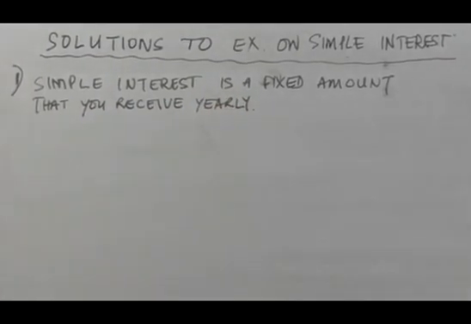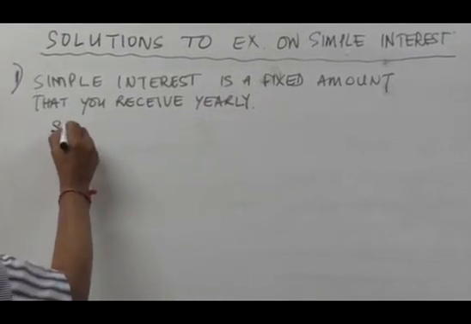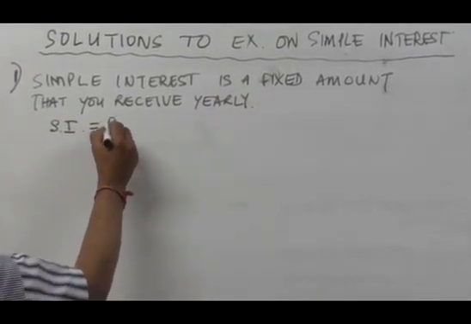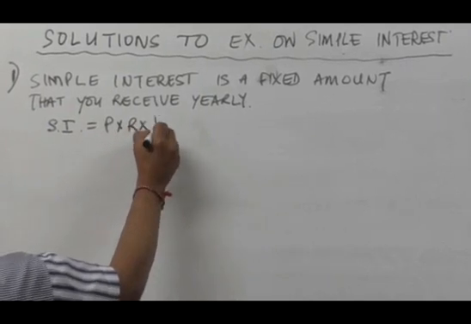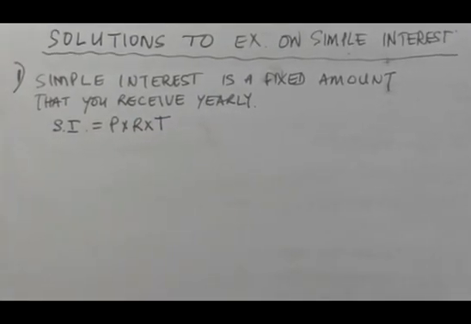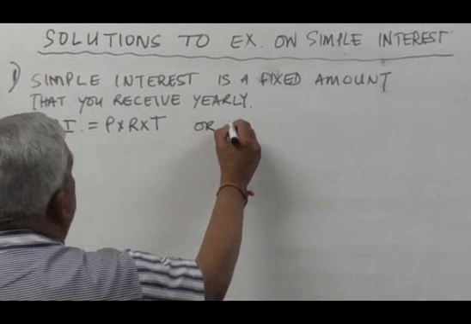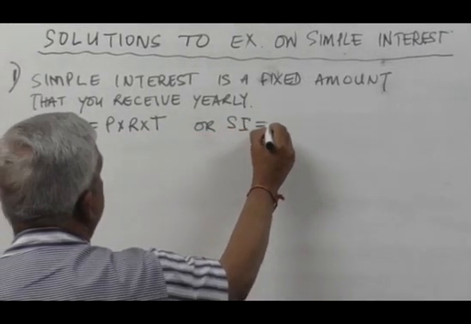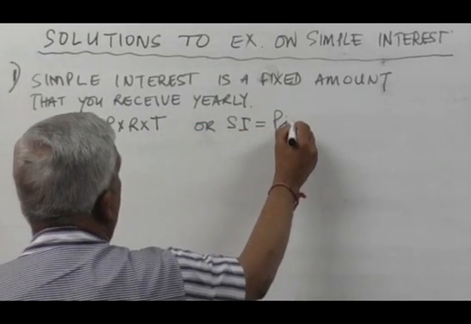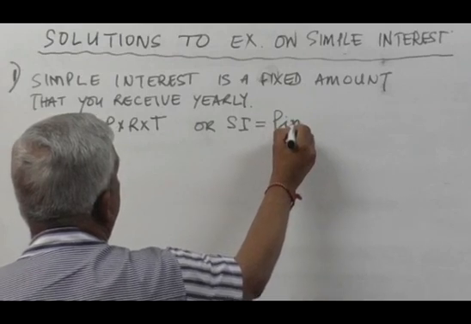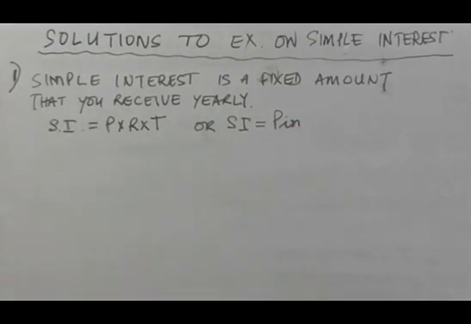And then they wanted the formula for simple interest. Simple interest is equal to P times R times T, or simple interest is equal to P I N. Any one of those two answers.